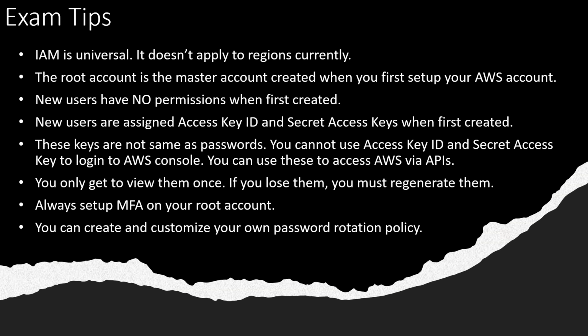And again, this is completely optional. You can say, okay, I don't want console access, or I want programmatic access. Those are the two different types of access. You can have one, the other, or both at the same time. That's console access and programmatic access.